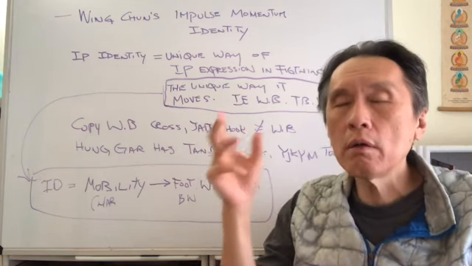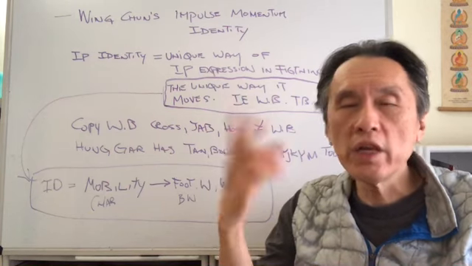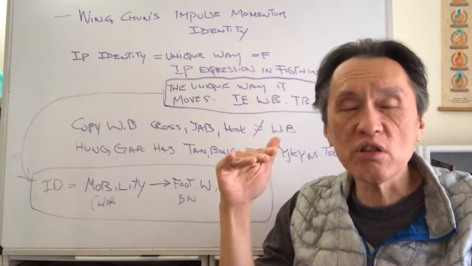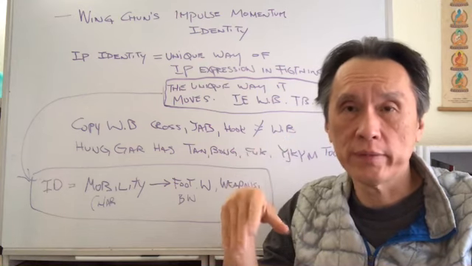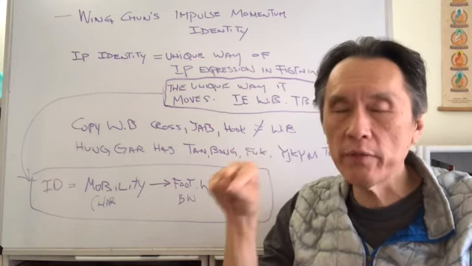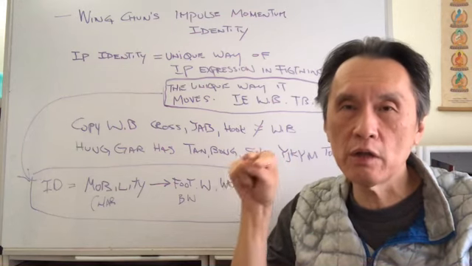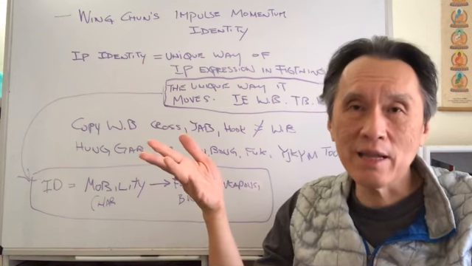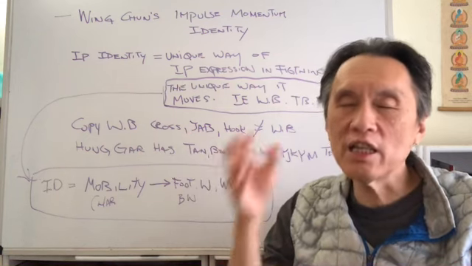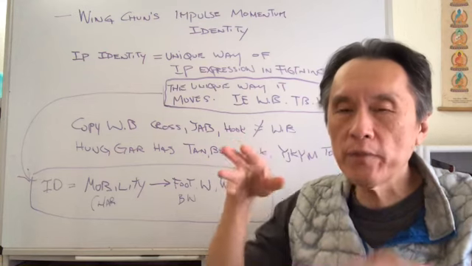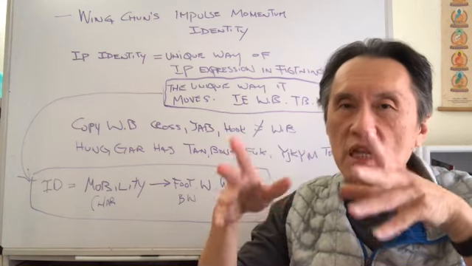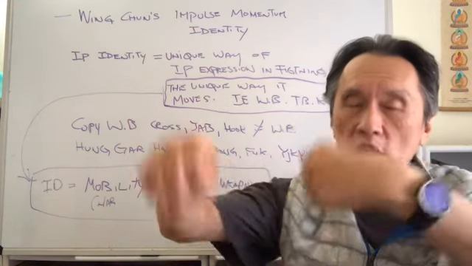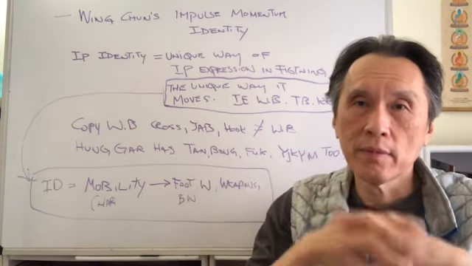So now the issue is this. We know that Wing Chun identity is a variation of the Shaolin short strike. But it has to have the common denominator of the Shaolin short strike. Otherwise, it really doesn't make any sense. Not to mention that if you don't have the footwork, you don't have the knee attacks, then you don't have an identity because you're just moving your hands.